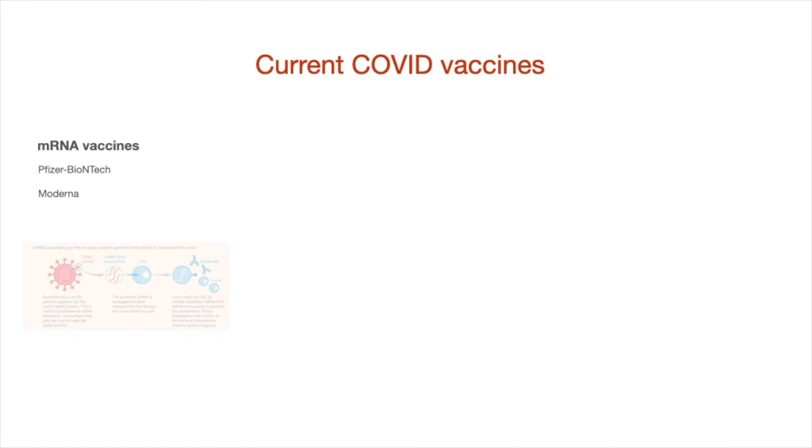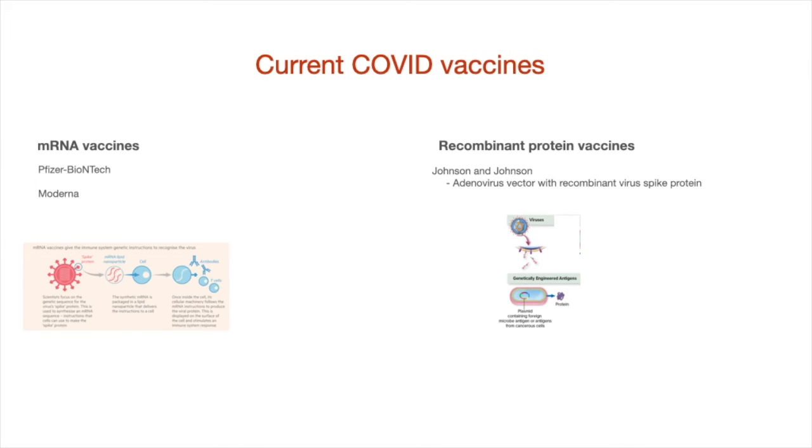Okay, let's talk about what's on the market right now. You've probably already received one of these, or maybe you haven't. But let's talk about that. We have 2 mRNA vaccines that are available: the Pfizer vaccine and the Moderna vaccine, which act the way we discussed earlier for mRNA vaccines.